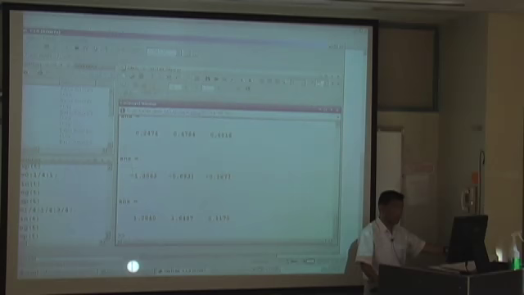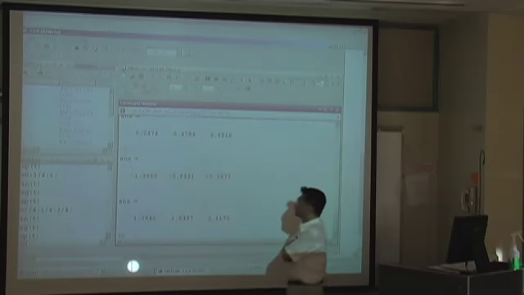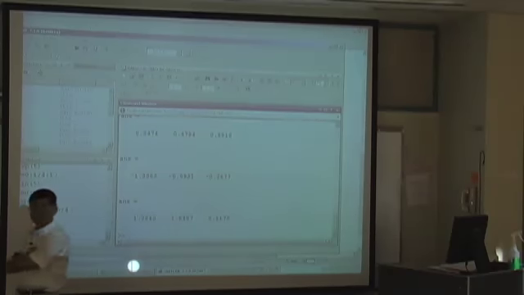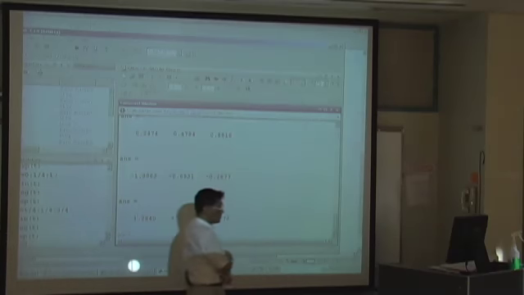So A, B, C. But automating this might be the task that you need to consider.